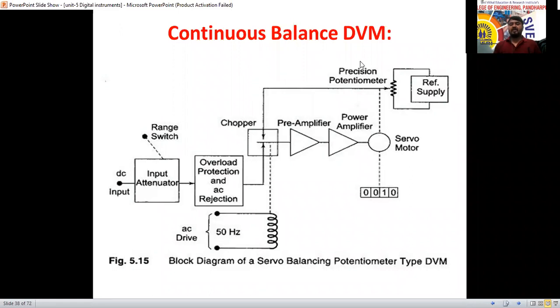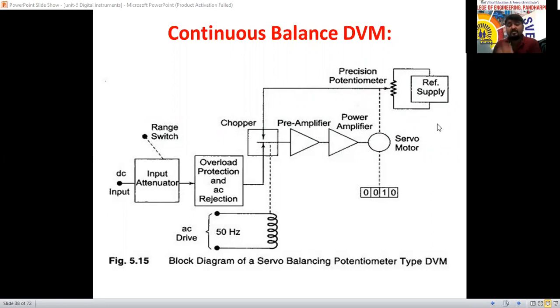These are the first 4: ramp type, integration type, dual slope integration type, successive approximation type, and continuous balance type. So these 5 types of digital voltmeters are there.